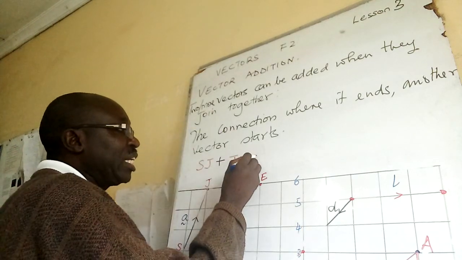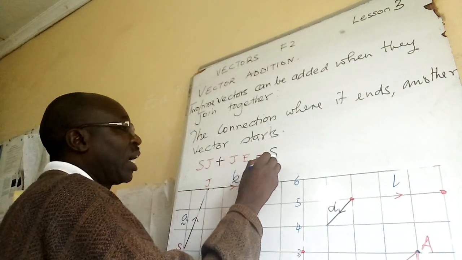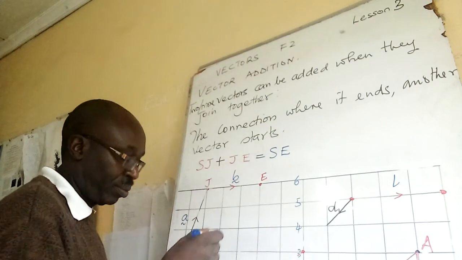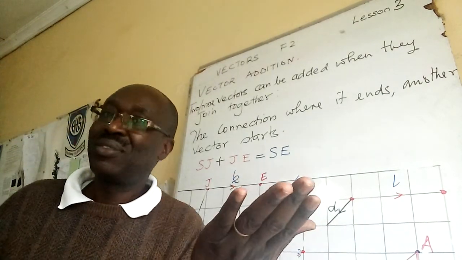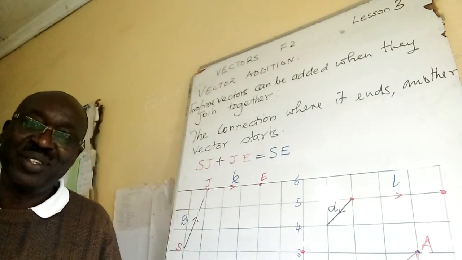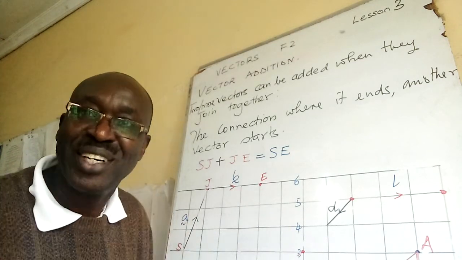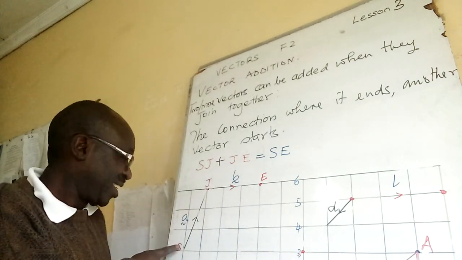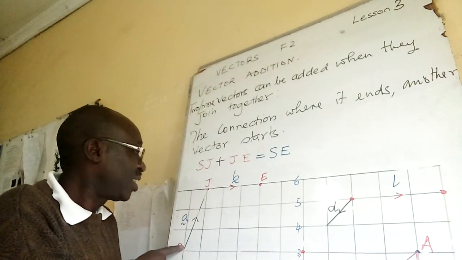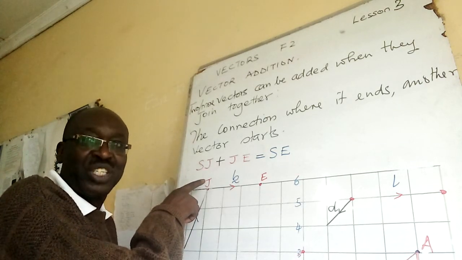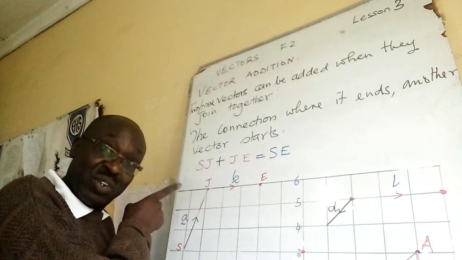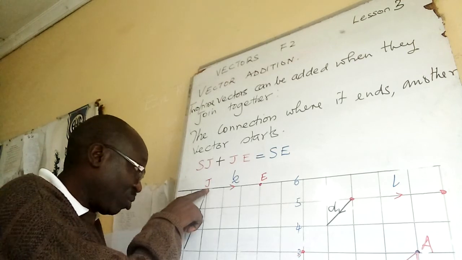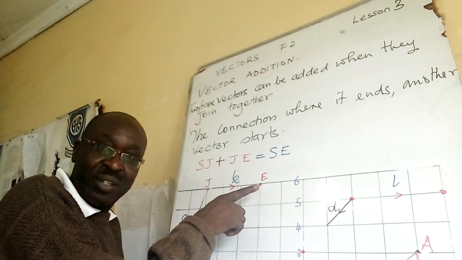That movement is as good as saying S to E. Very simple. Enjoy that? Start. I went to town J. From town J, I got a matatu to take me to town E.